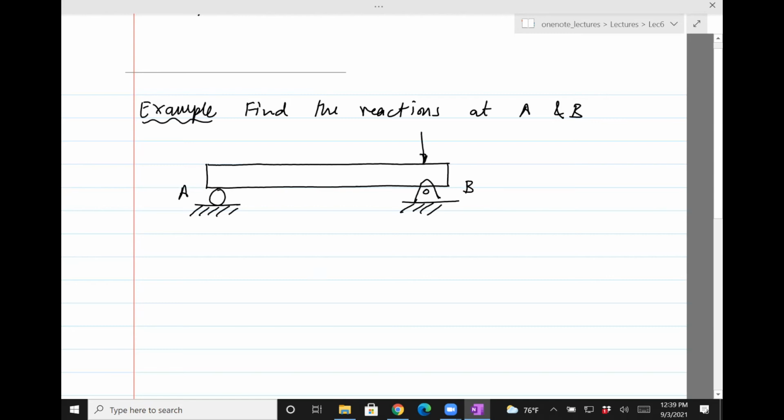So there is a 200 Newton force at B. There is a 100 Newton force somewhere in between, and that is 2 meters to the right of B. And then there is an oblique force over here, this way. That is 600 newtons, at 45 degrees.